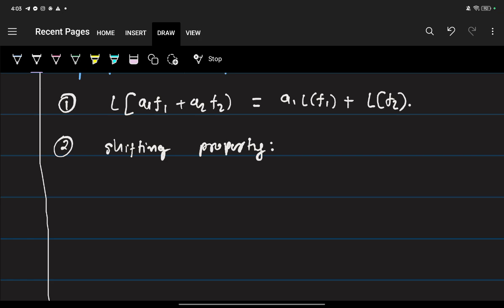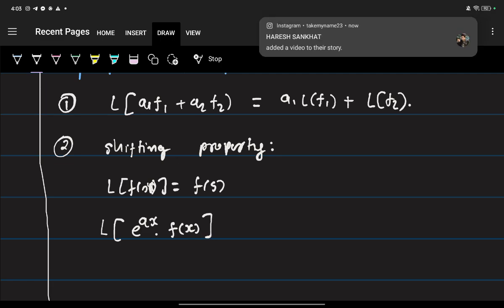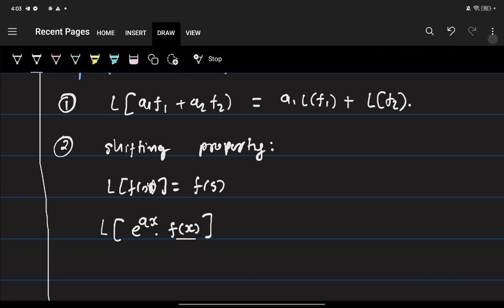If you know the Laplace transformation of any function, that is F of s, then you can find the Laplace transformation of e raised to ax multiplied with that function, and it will become F of s minus a. You just got to replace this s with s minus a, okay?